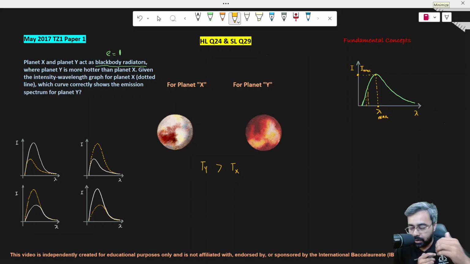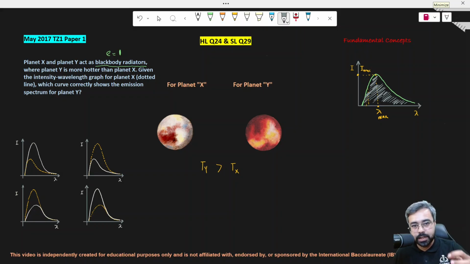And one last thing: the area under the graph tells us how much energy overall is radiated from the planet. If a planet has a higher temperature, its area must be larger because it will radiate more energy.